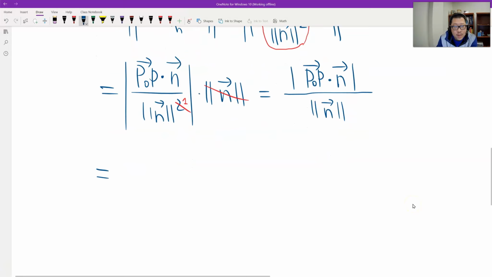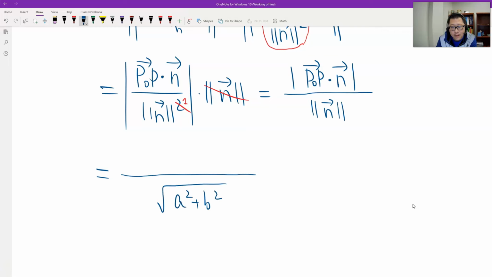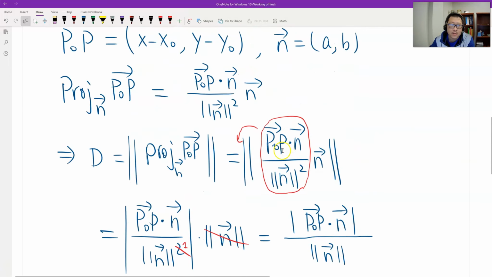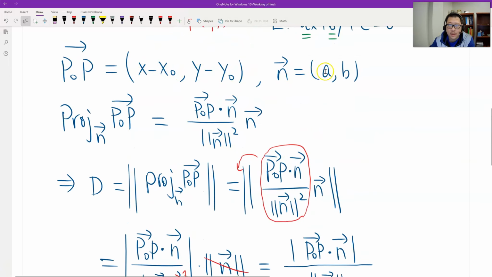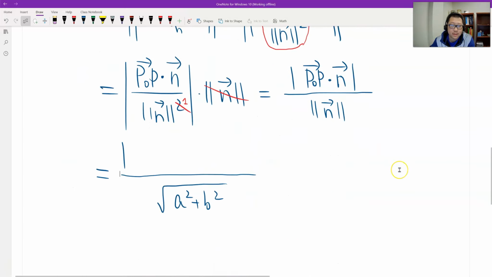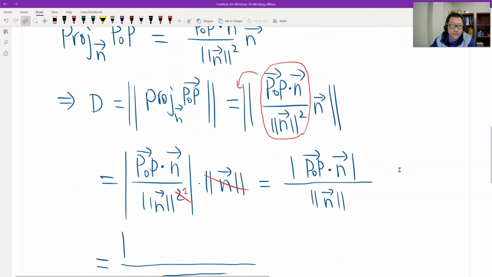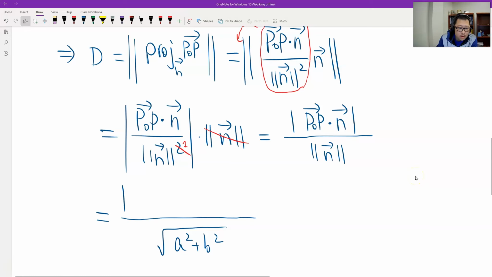So now this should be this. The denominator by the definition is the square root of a squared plus b squared. That's the norm. The numerator is this. Let's see. Okay, what is it? This number times a plus this number times b, the sum of products.